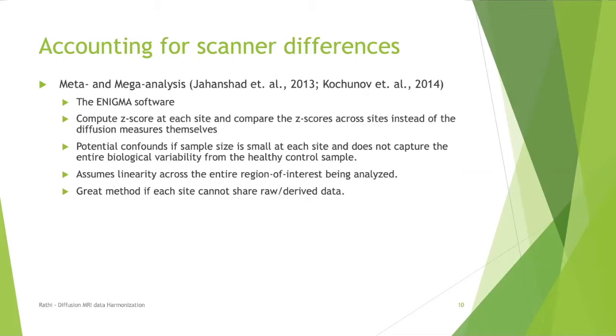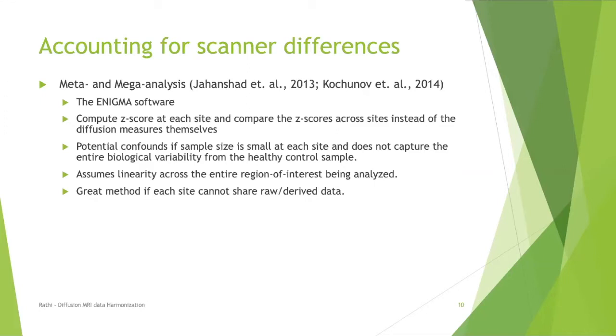A potential confound is that if your sample size is small at one of the sites, then you're not actually capturing the entire biological variability, and the z-score depends on this factor. You have the standard deviation of the sample in computing the z-score, and if your variability is not properly captured, your z-scores could be completely off. So sampling bias can create some problems there.